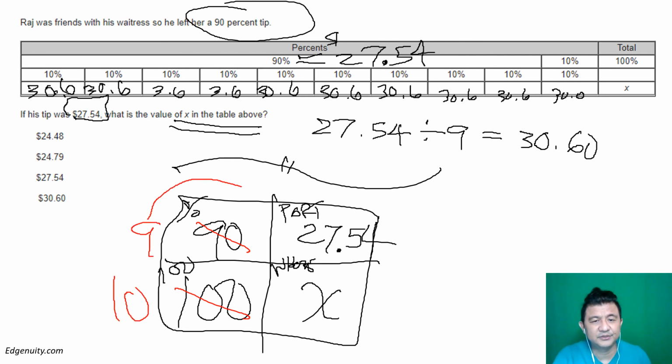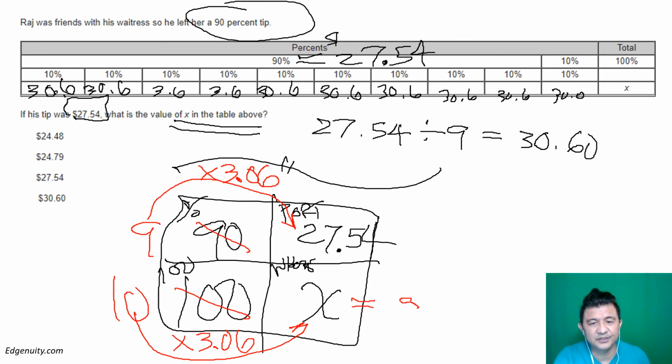I can simplify 90 over 100 as 9 over 10. What pattern do you see? 9 to become 27.54, you will get times 3.06. How did I get that? Divide it. 27.54 divided by 9, and the pattern is times 3.06. So at the bottom, 10 times 3.06, move the decimal point to the right, you will get 30.6 or 30.60.